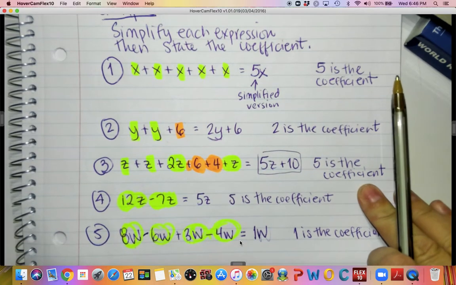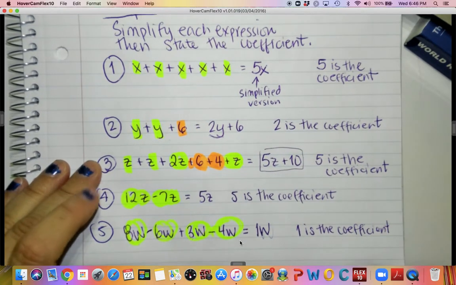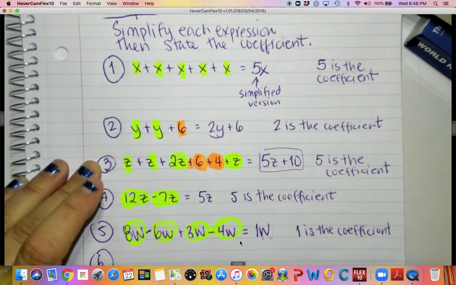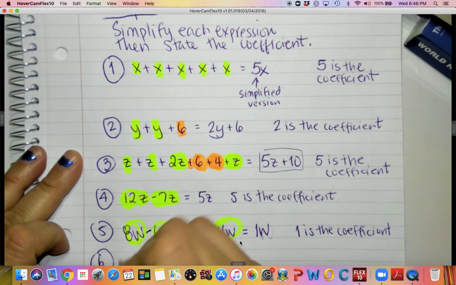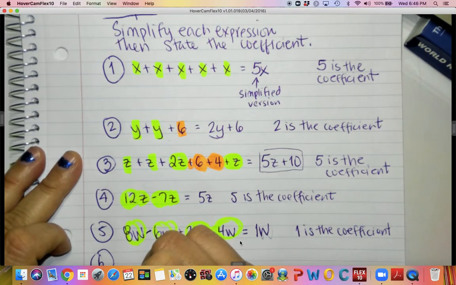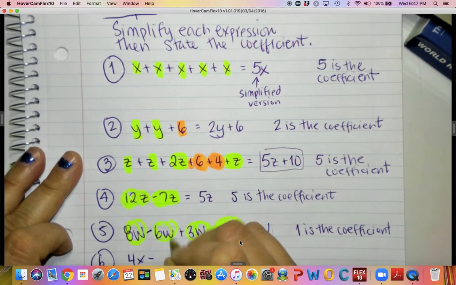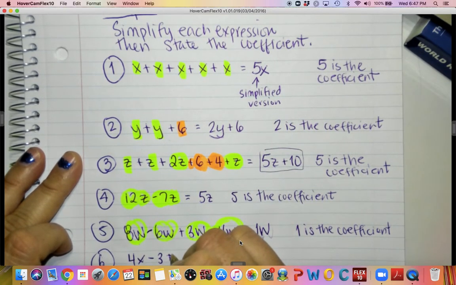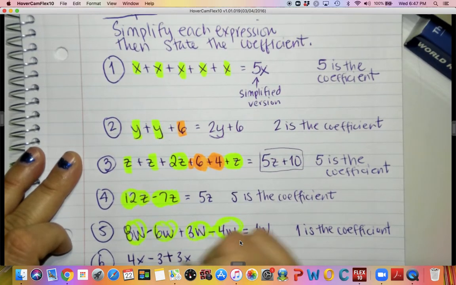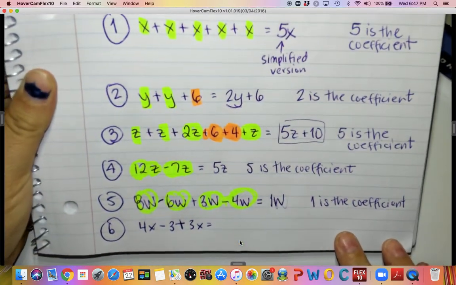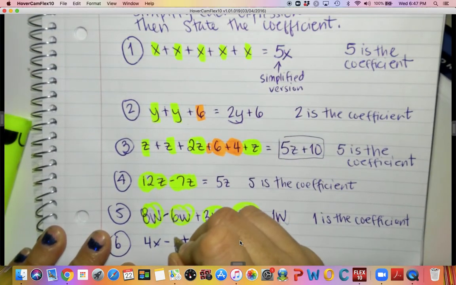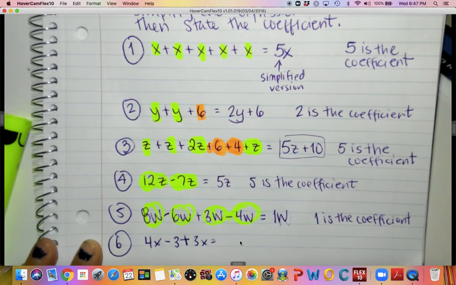Okay, now I want to get one that has both numbers and variables. 4x minus 3 plus 3x.